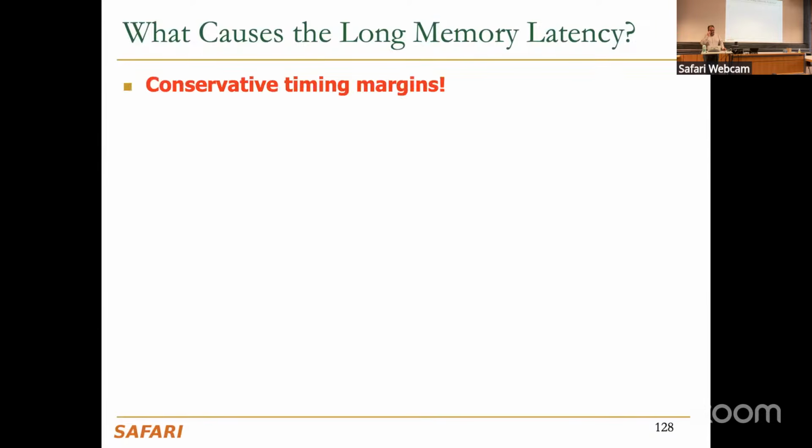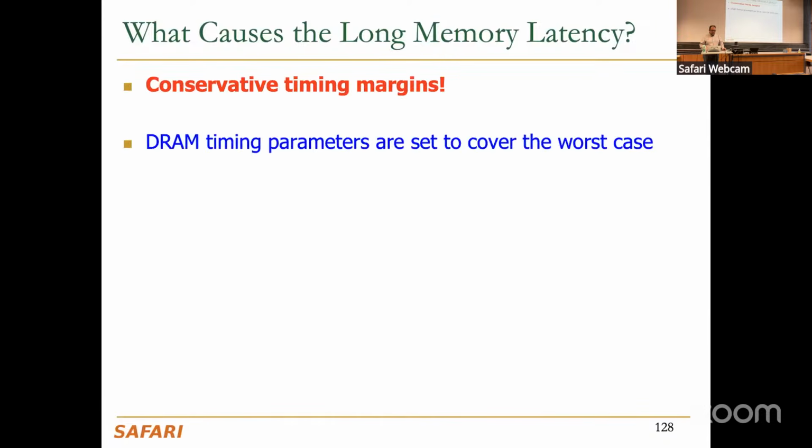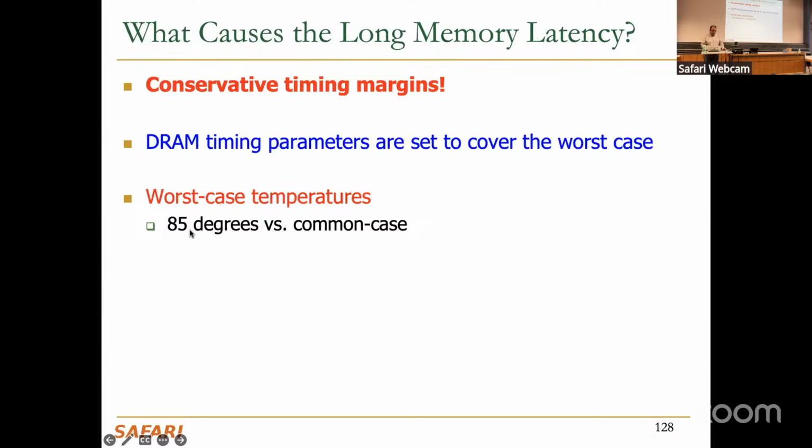So what causes this? We were discussing that. Basically, we have these conservative timing margins, and the DRAM timing parameters are set to cover the worst case. Worst case temperatures, like 85 degrees, versus the common case. I'm going to show you some analysis that even though these numbers are tuned based on 85 degrees, we rarely actually get to that temperature.